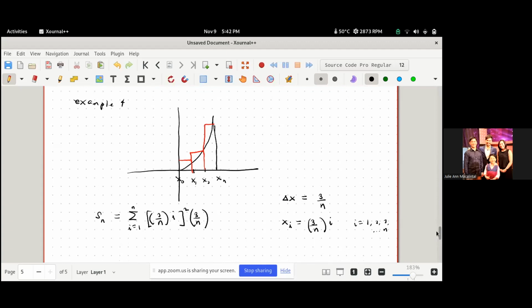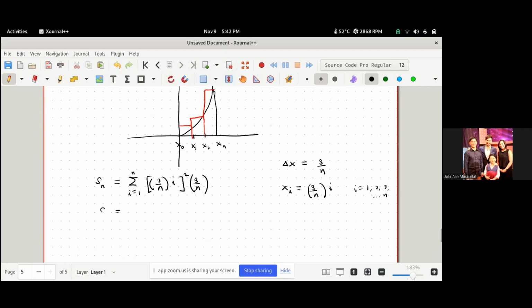And then from here, 3 times 3 is 9, times 3 is 27, over n cubed, sum from i equals 1 to n of i squared. And then, alam natin yung sum ng i squared by looking at yung tabulated na expressions. We're going to get n times n plus 1 times 2n plus 1 over 6.